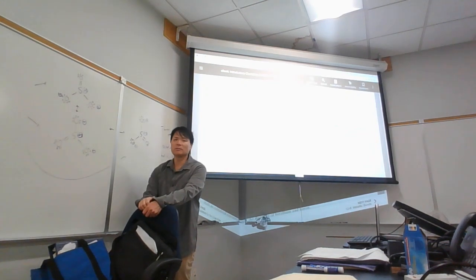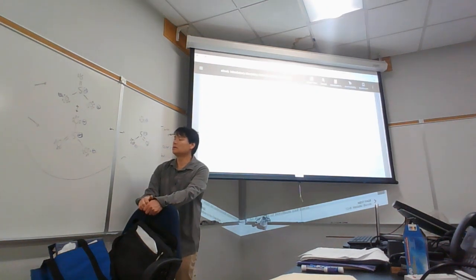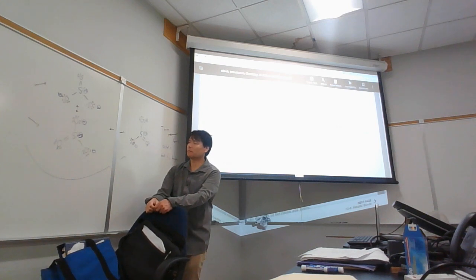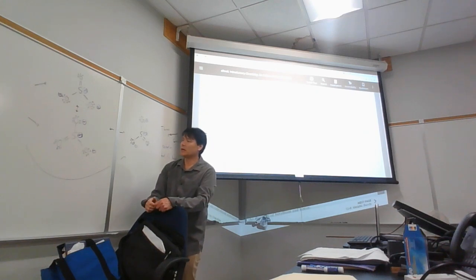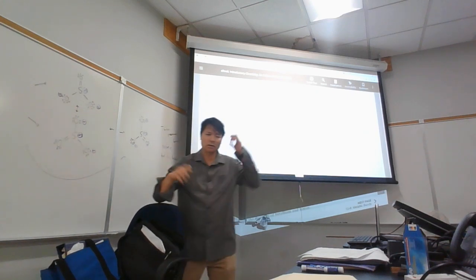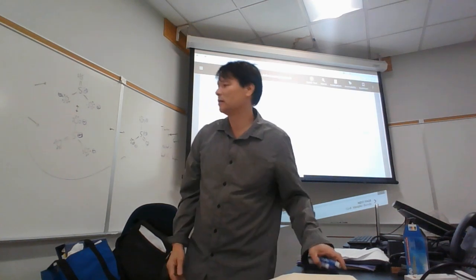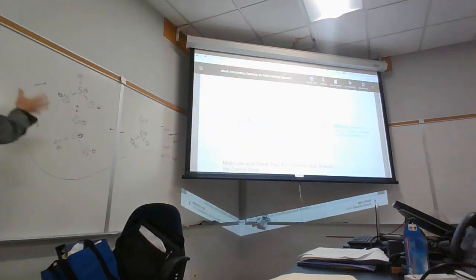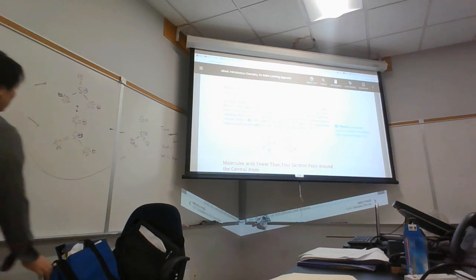But that's not really the case. This is a drawback of what we're doing with Lewis structures. What's actually happening with the electron cloud density here is something like this. This is showing us how the electrons can move in the structure.